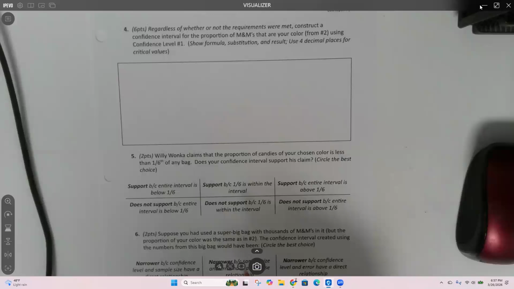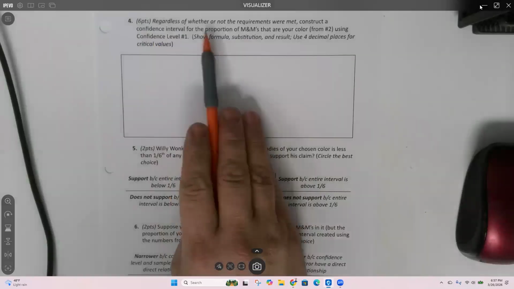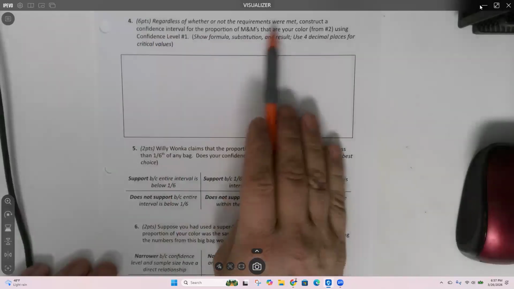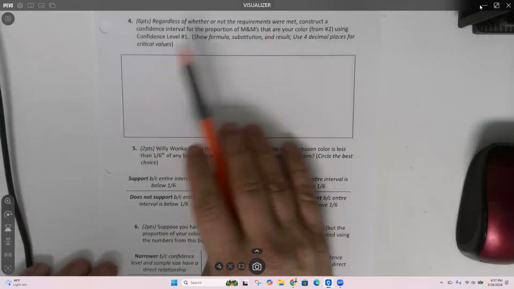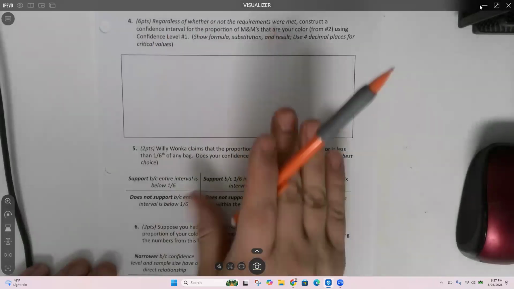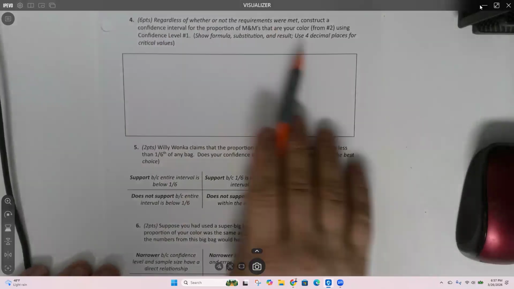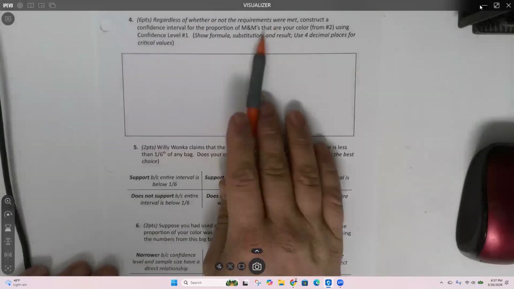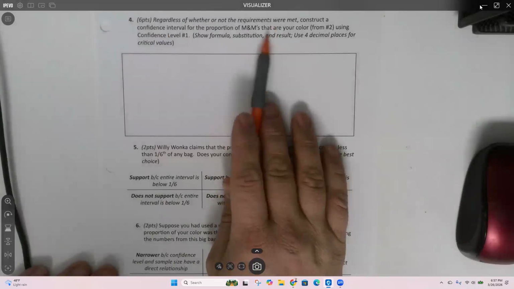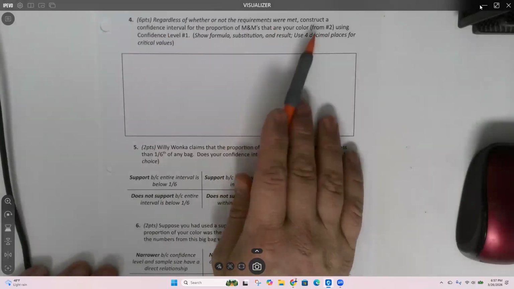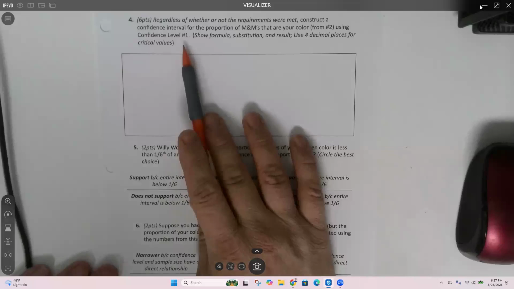Page 570. So regardless of whether or not you got yeses or nos, okay, we're going to keep going and see what happens, okay? Construct a confidence interval for the proportion of M&Ms that are your color. So mine were blue. Using confidence level number one.